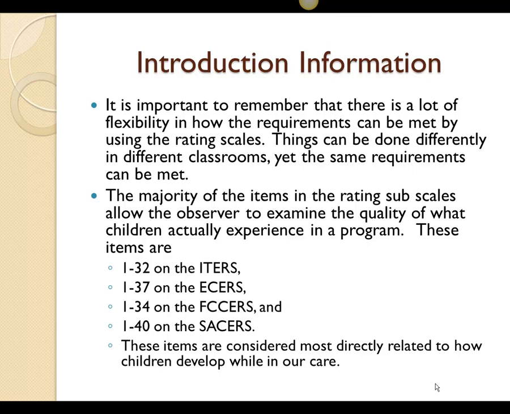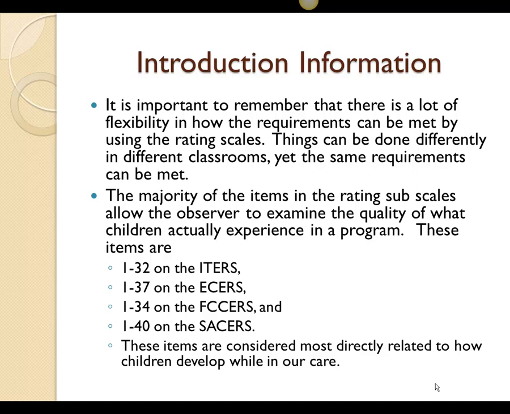Okay, the majority of the items in the rating subscales allow the observer to examine the quality of what children actually experience in a program. So they have items 1 through 32 in the Itters, and items 1 through 37 on the Eckers, 1 through 34 on the family child care, and then 1 through 40 on the SACers, the school age care.